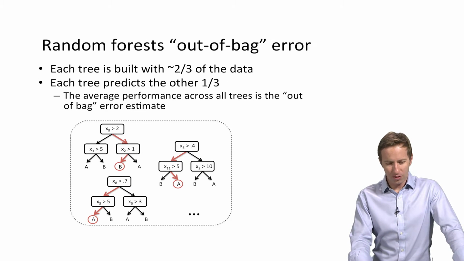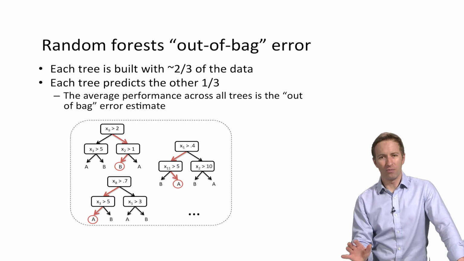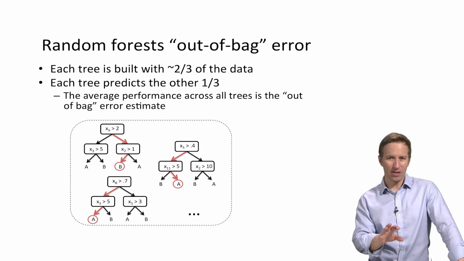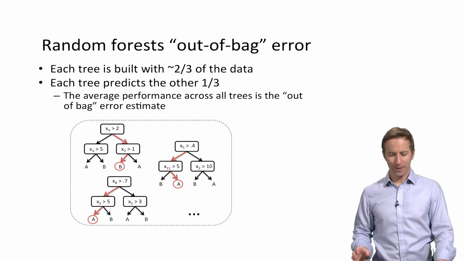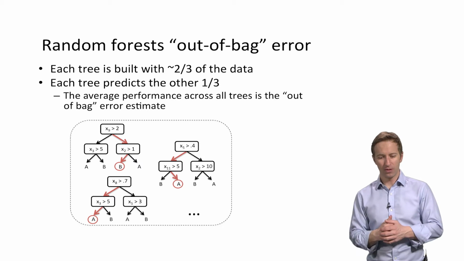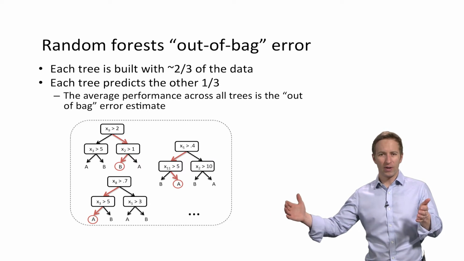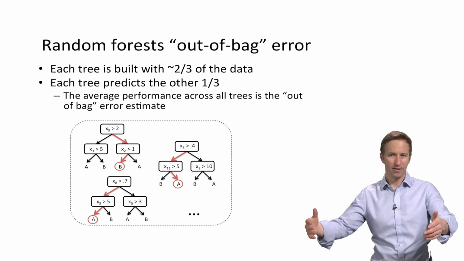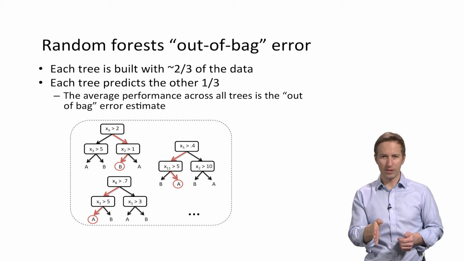There are a number of nice features that random forest has. One of them is that when you train it, you can easily also estimate its accuracy. And here you don't even have to do cross-validation. It's called out-of-bag error. Let's say you've got a bunch of training data, and you want to estimate how well random forest is going to predict new data. So let's say you want to predict this one sample.